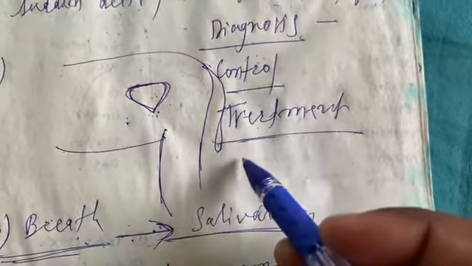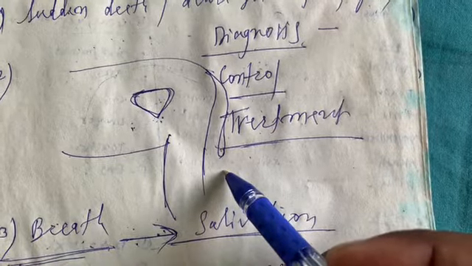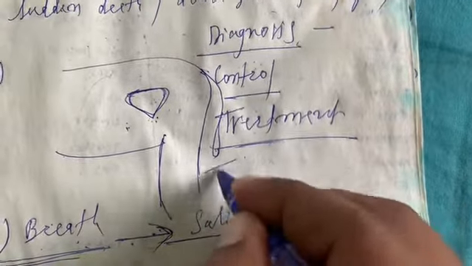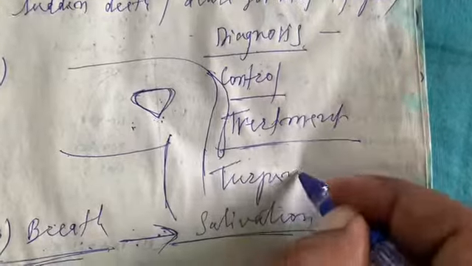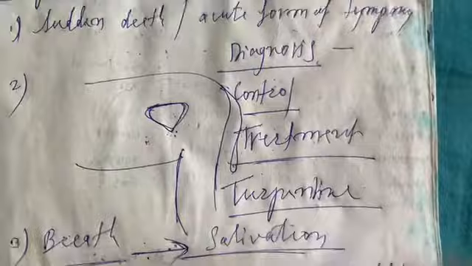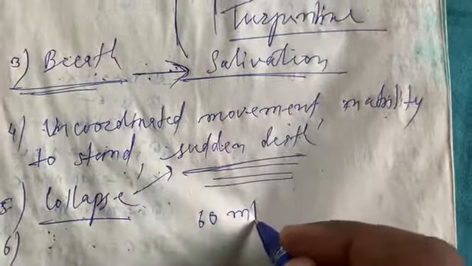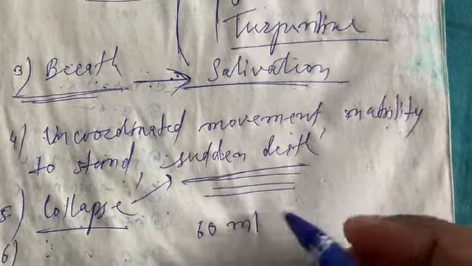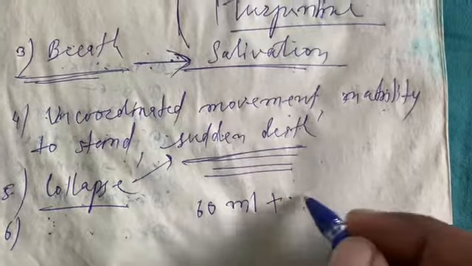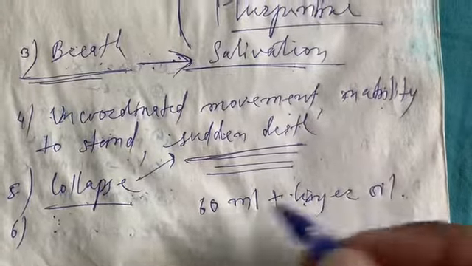Then to treat such animals, generally administer oil of turpentine. Turpentine oil is administered, 60 ml, 60 ml well mixed with 1 liter of groundnut oil, or ginger oil, or coconut oil.